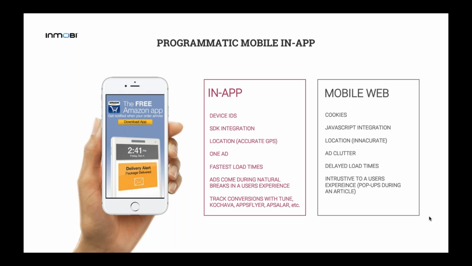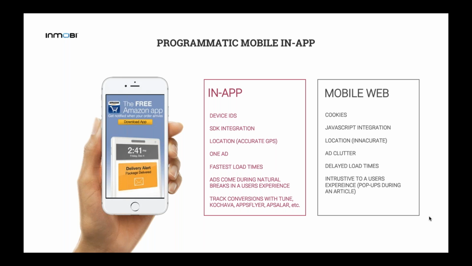And with in-apps, you can actually have an SDK integration, which is a very deep integration, giving you demo data, age data, very accurate location through the GPS signals, whereas on mobile web, location is highly inaccurate. So when you're trying to do a geofencing campaign, in-app is your best friend for that.